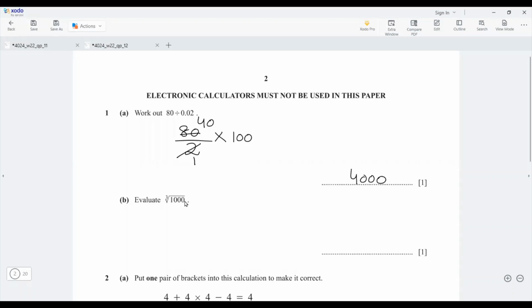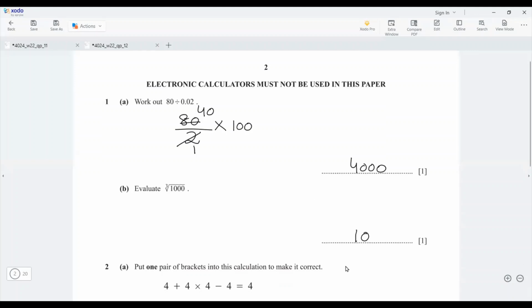If there are 3 zeros with 1, you divide by 3, because cube root means you divide the number of zeros by 3. So 3 divided by 3 is 1, which means the answer is 10. Or we can say the cube of 10 is 1000, and the cube root of 1000 is 10.